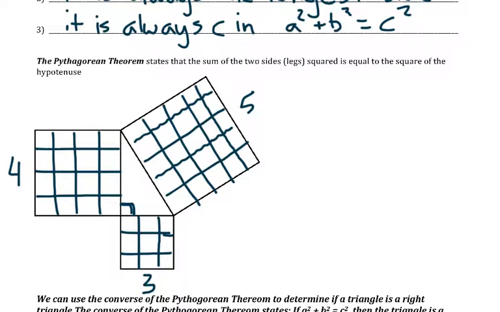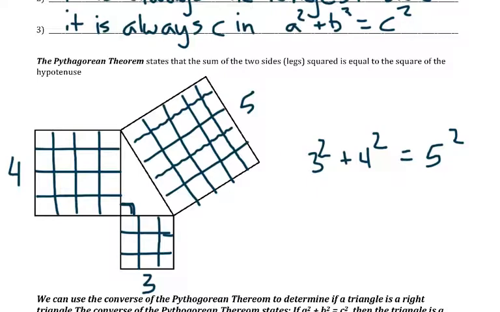Now the Pythagorean theorem states that if we take the two sides, or the legs, and square them, so that would be 3 squared plus 4 squared, the sum of the two sides squared should give us the hypotenuse squared, which is 5 squared.